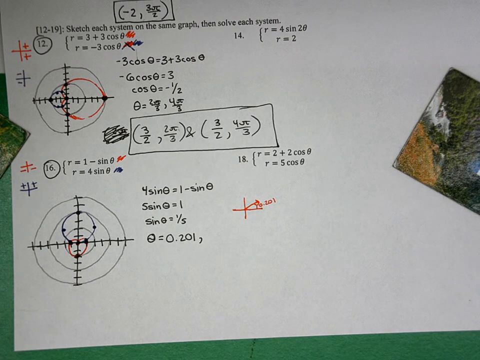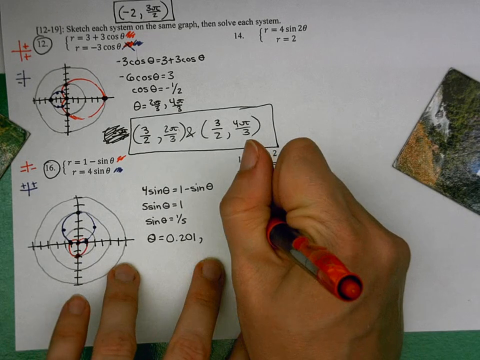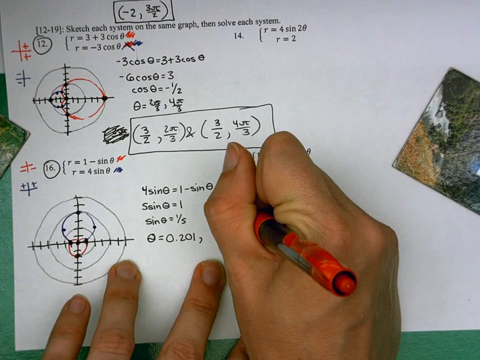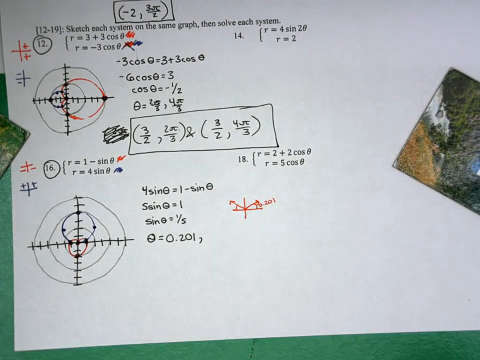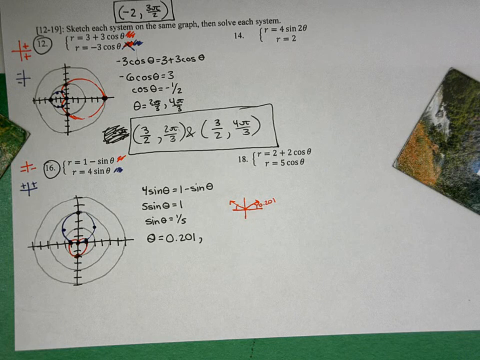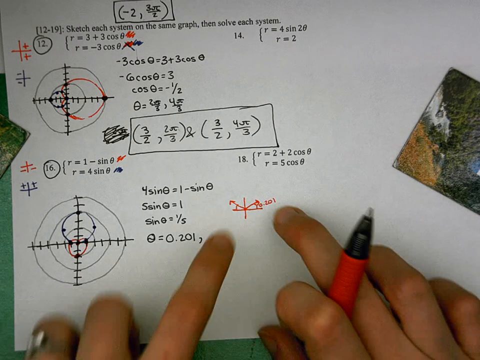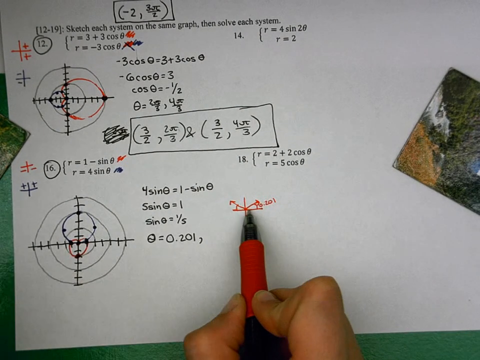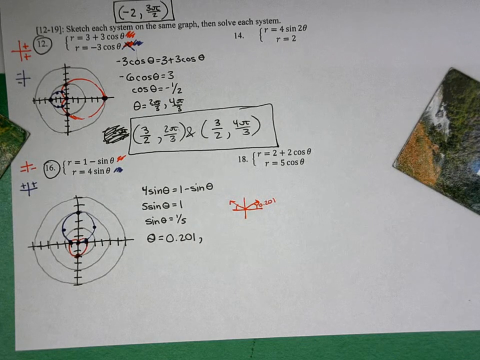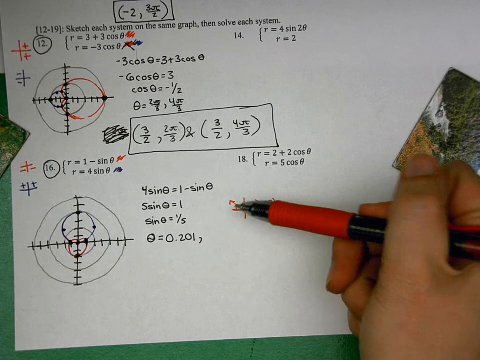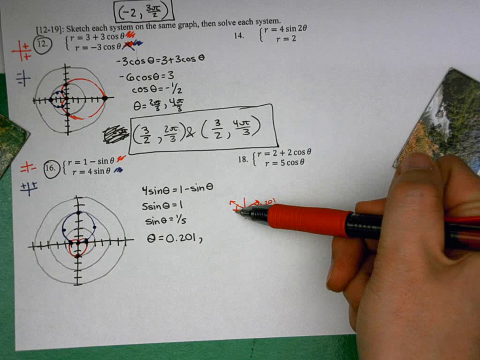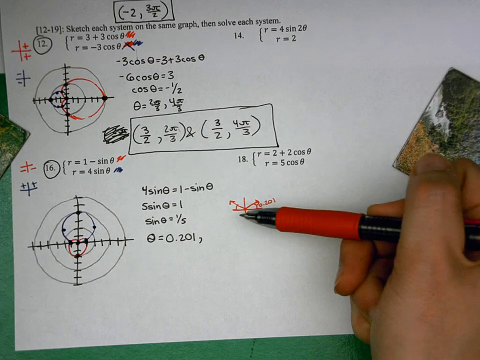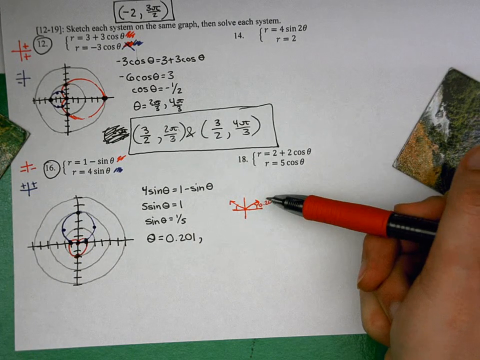Okay, it's also positive in the second quadrant, so we need to figure out how do I name that angle in my second quadrant using the one piece of information I know, which is that this little distance here is 0.201. Well, this left-hand side of my x-axis is pi, and the angle sits at a distance of 0.201 from pi. It's 0.201 less than pi.